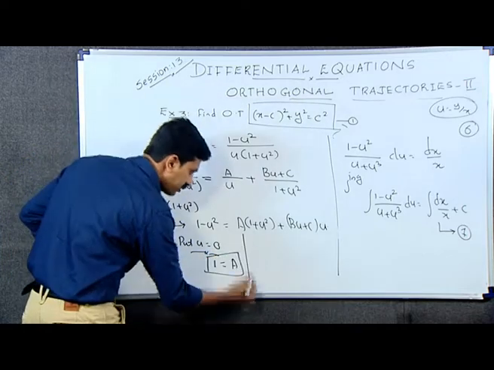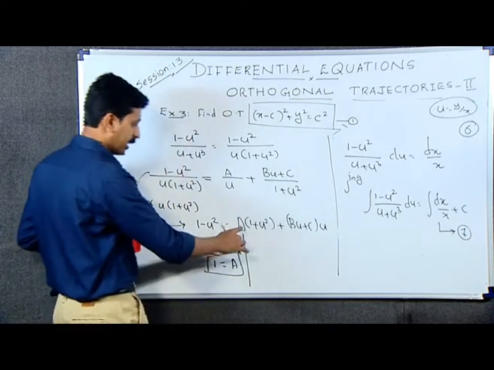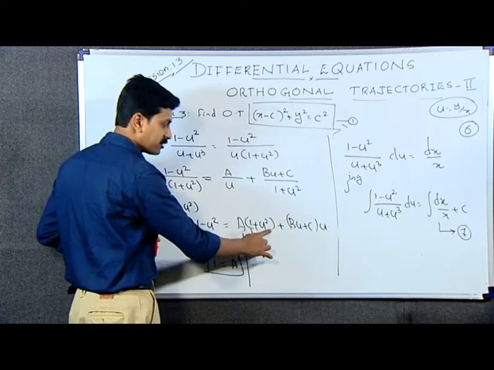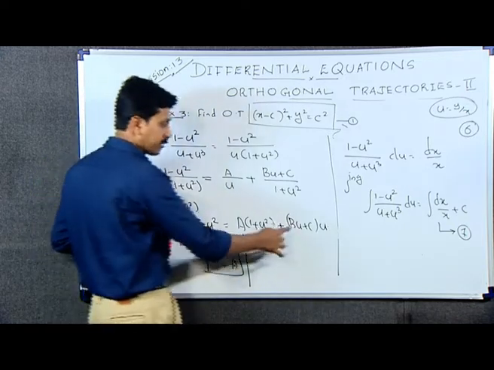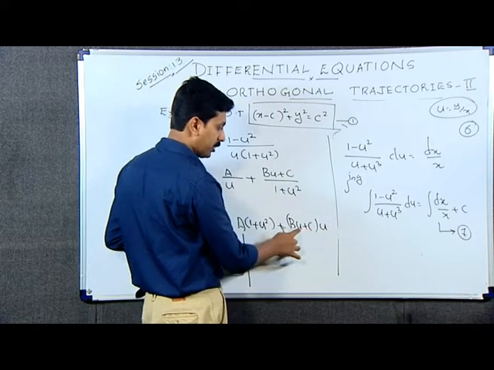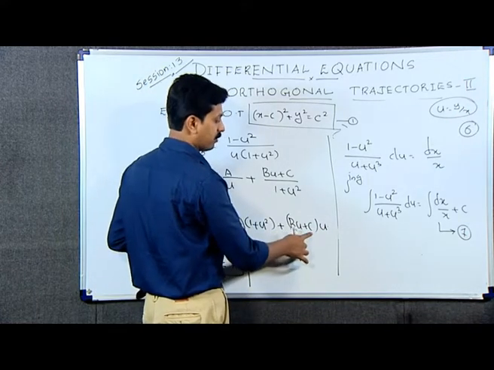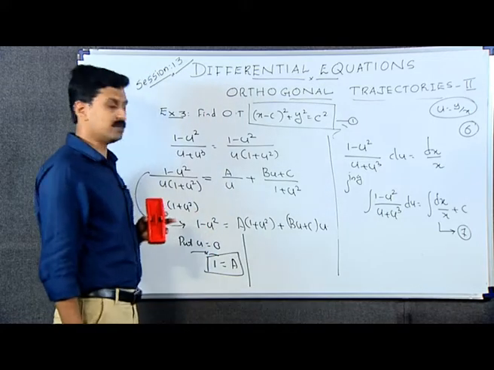Now, compare the coefficient of u. Here there is no term of u, and on the right side there is also no plain term of u, but b u into u gives u square, so the only coefficient of u is c.